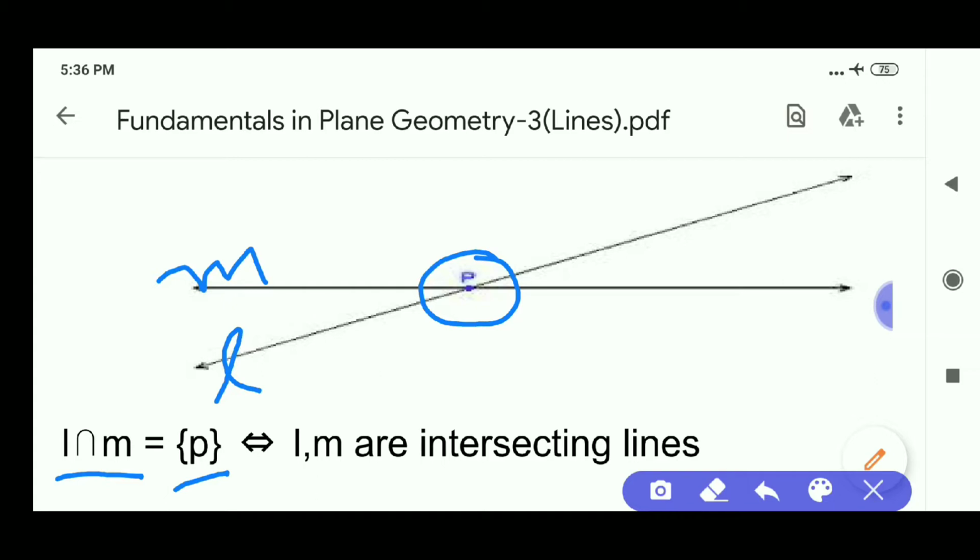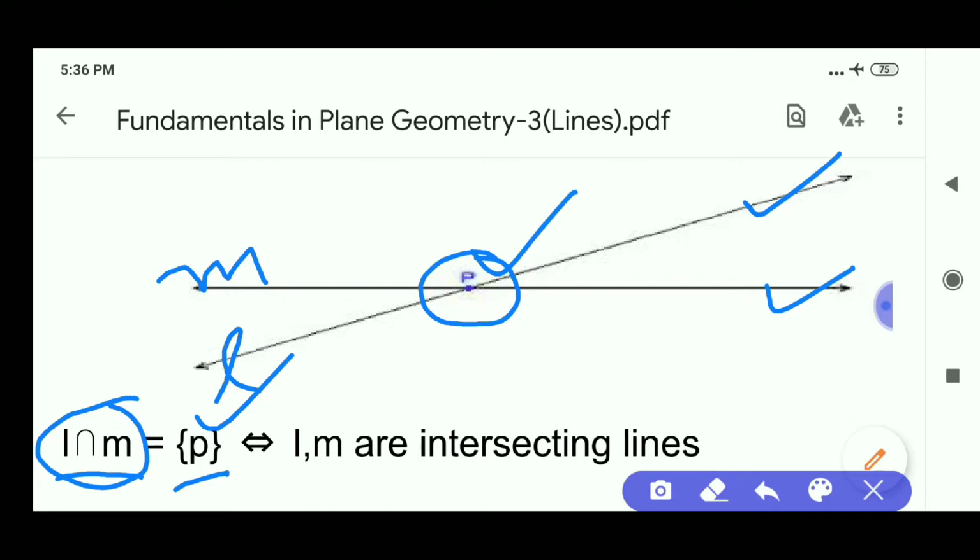The common point of line L and line M is P.